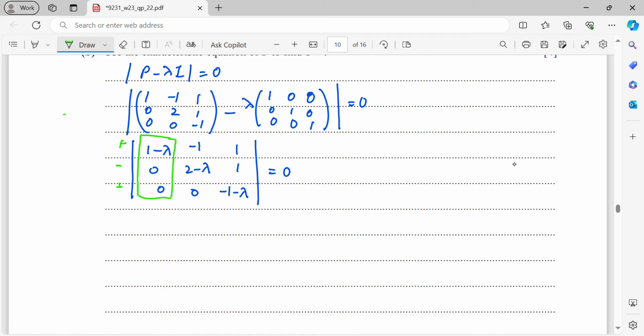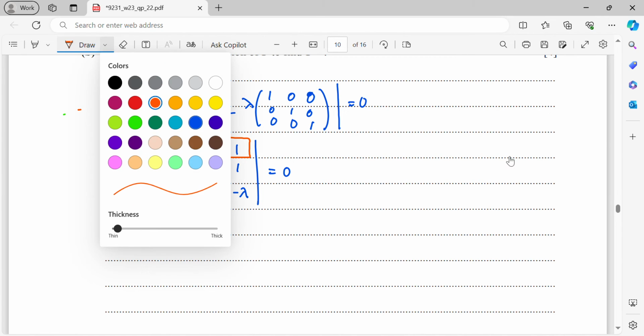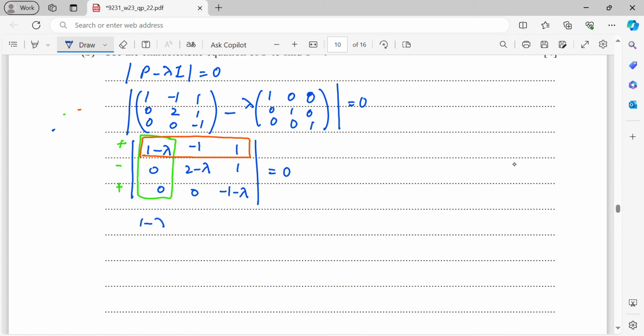I choose this because in that column there are 2 zeros. So I will just need to calculate the first row. So the cross out is 1 minus lambda. Then the remaining will be 2 minus lambda, 0, 1, negative 1 minus lambda equals 0.